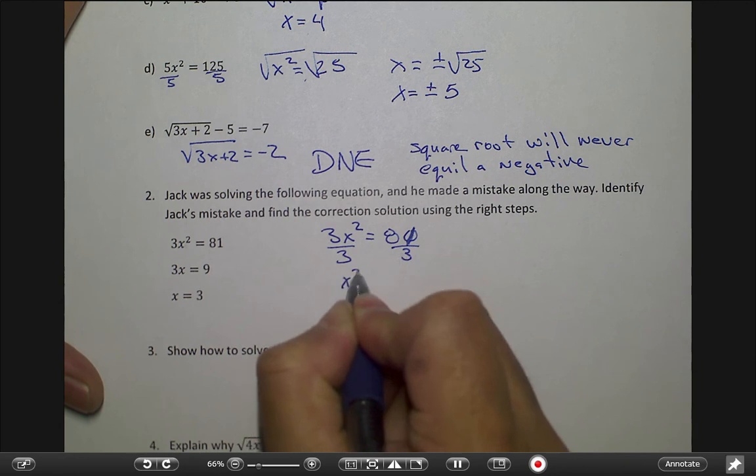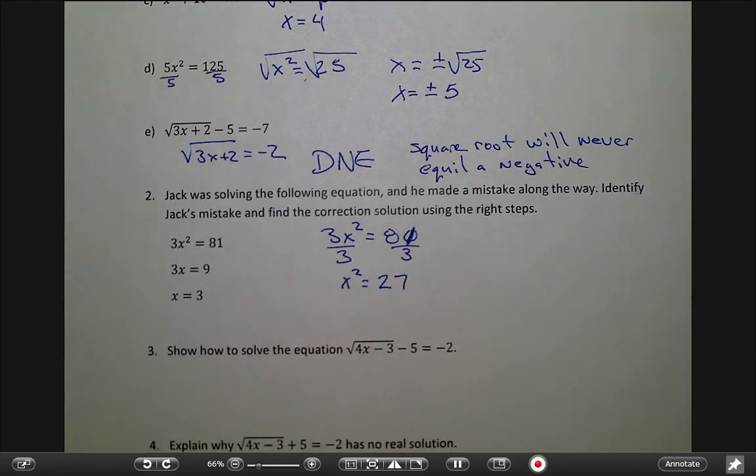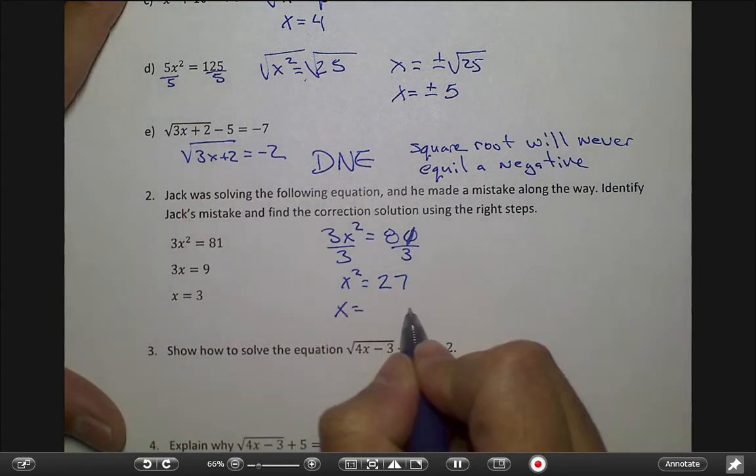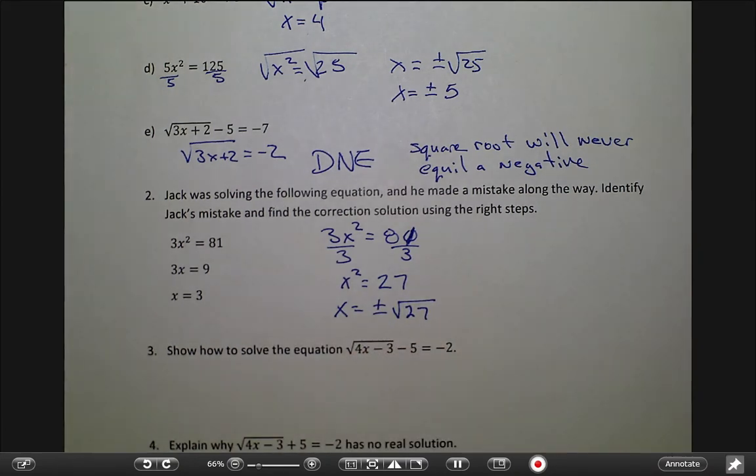So x squared is equal to 27. Very good. Now I square root. So it's going to be x equals plus or minus square root of 27. That's it. Just leave it like that.